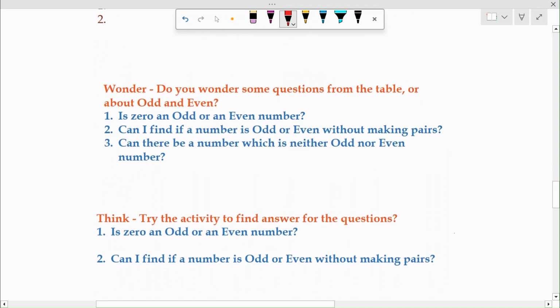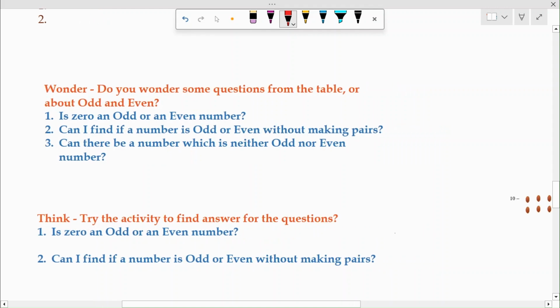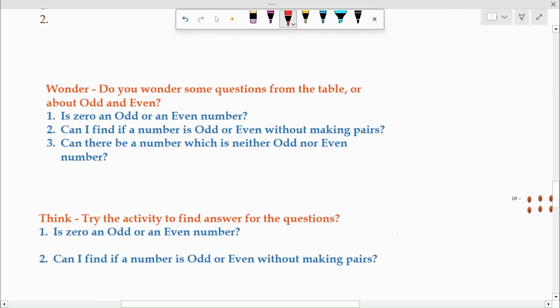Is zero an odd or an even number? In this question, you can basically think that you have a box of empty nuts. You can say there are zero pairs of nuts. So that could be an even number. There are other mathematical properties which define zero as an even number, because any multiple of 2 is an even number.